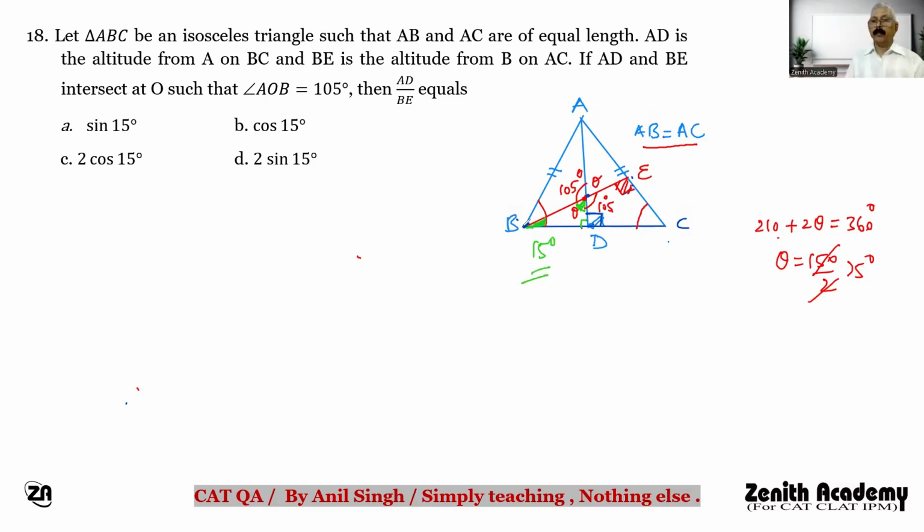And now in triangle BEC, it is 90 degree, it is 15 degree. So this angle C will be 75 degree. Since triangle ABC is an isosceles triangle where AB is equal to AC, so this will also be equal to 75 degree.